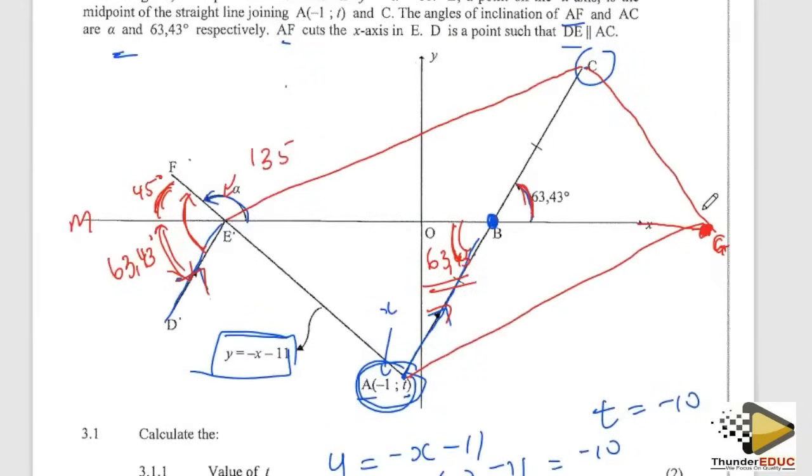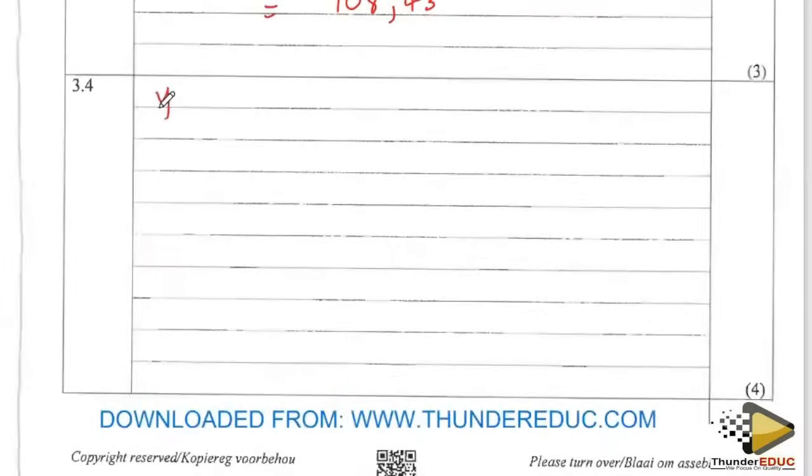But one thing we know about a parallelogram is that the diagonals do bisect each other, which means the distance from E to B must be the same distance from B to G. So B is a midpoint. What we don't know are the coordinates of E. If we can get the coordinates of E, then we can get the coordinates of G. So from y is equal to negative x minus 11, we know that at E, y is also 0.